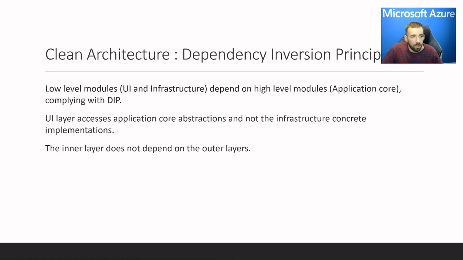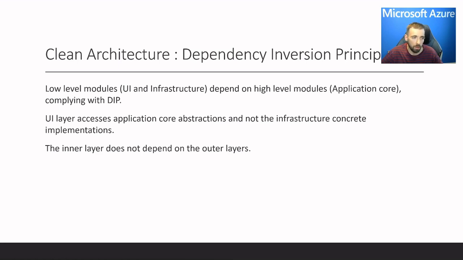So now let's return to the key concepts at the start of this presentation, and let's see how clean architecture is intertwined with those principles and how it meets those principles. With clean architecture, we said that high-level modules should not depend on low-level modules.